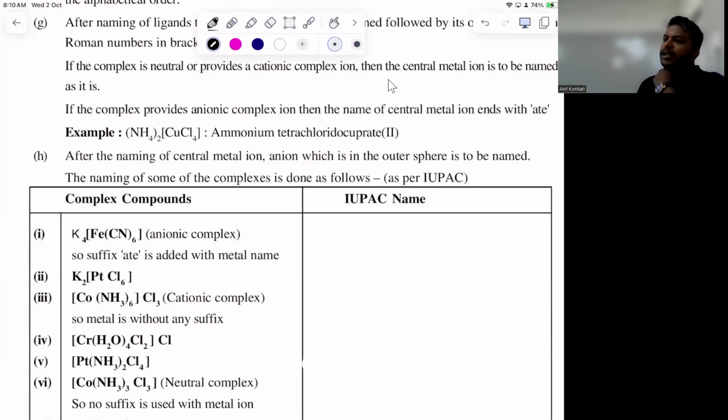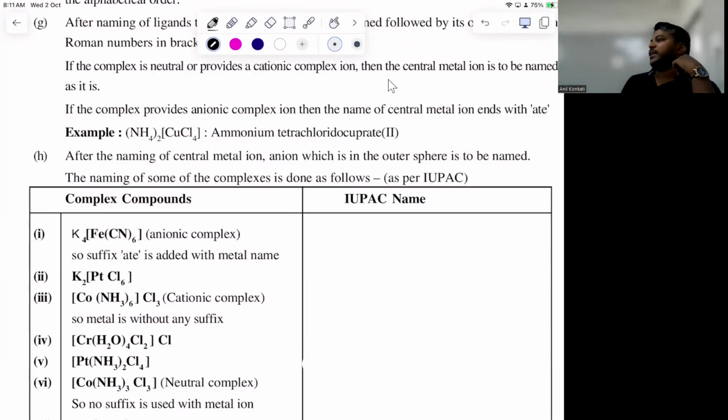Clear? Next, while writing names within the coordination sphere, we should always write ligands first and then the metal name next. Within the ligands, we should always follow alphabetical order of their names. Numbers will not get any precedence, that is di, tri, these kinds of prefixes are not considered.